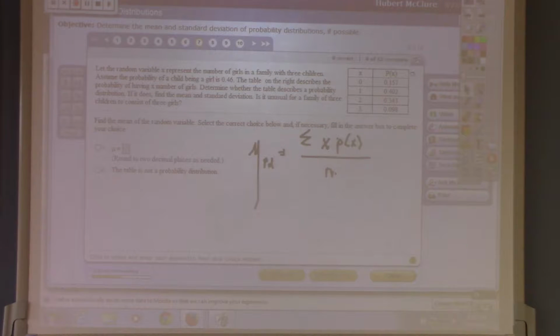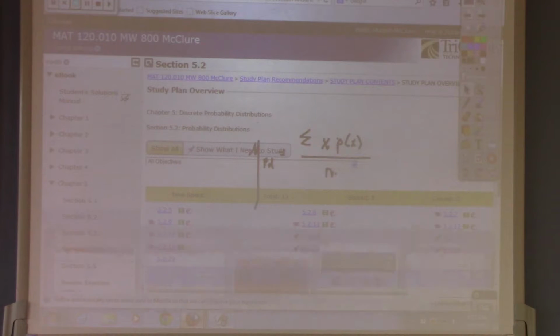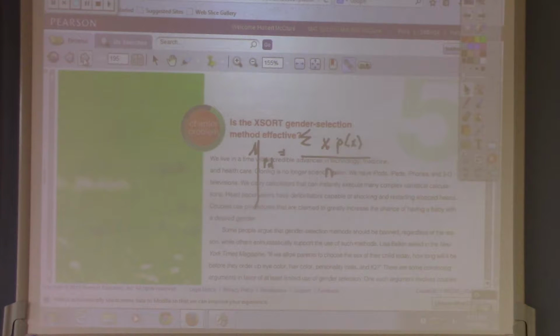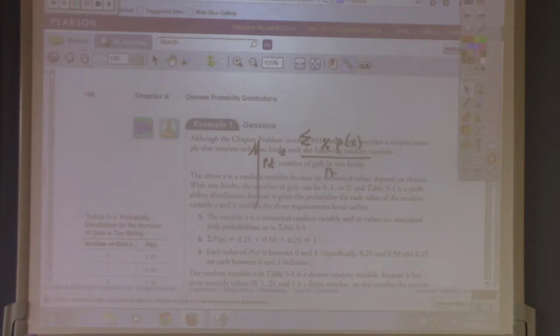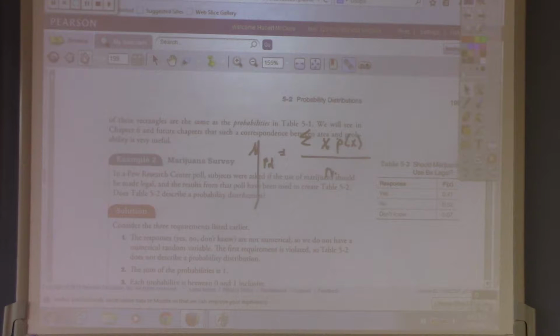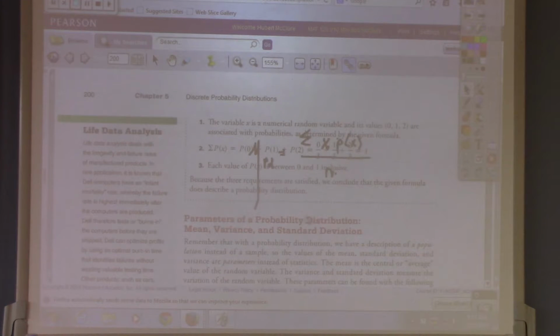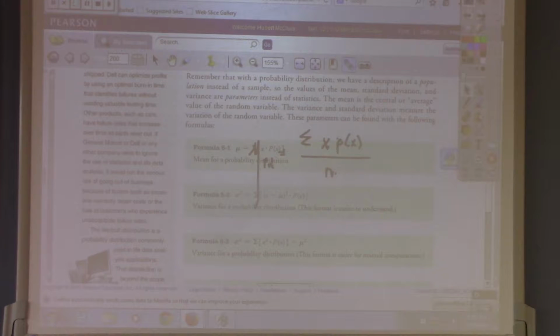In your book, there is a list of formulas. Let me go ahead and get it for you, because I was expecting it to come up on the handy-dandy problem, but it didn't. It's in blue, usually. Okay, green. There they are.